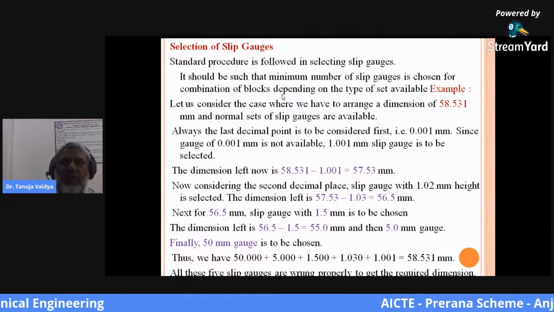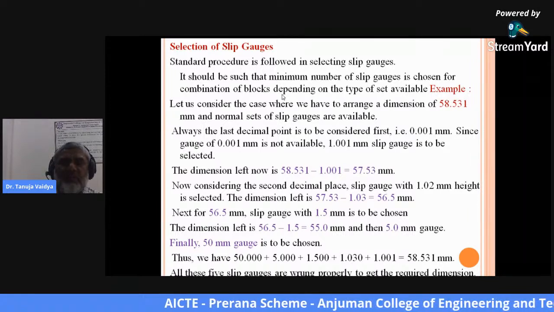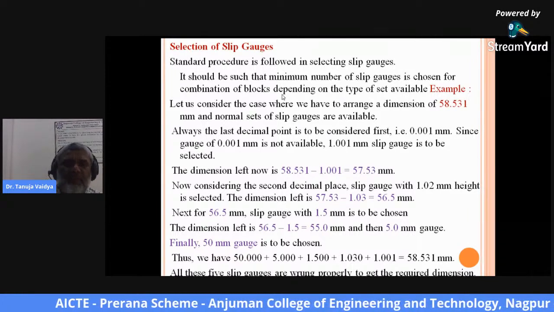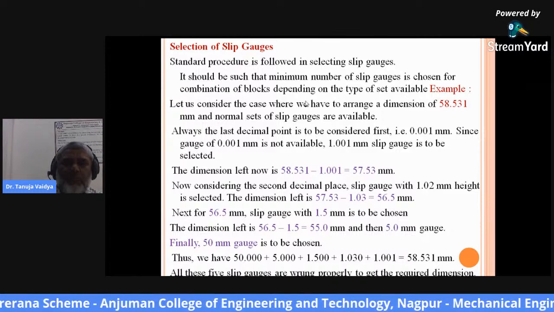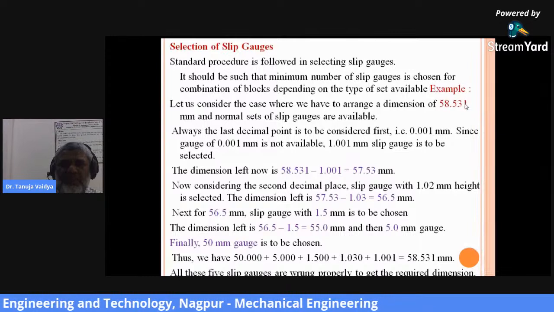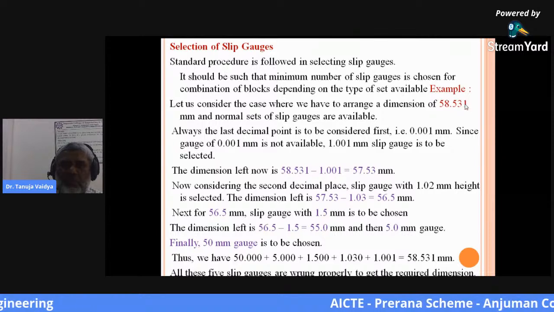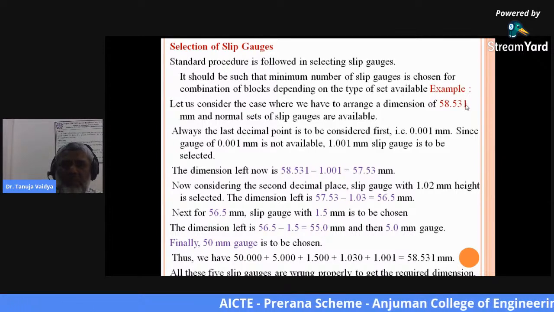So how are you going to select the slip gauges for 58.531 mm? First, always select for the last decimal digit, so it is 0.001. You have to select a slip gauge for this last digit.